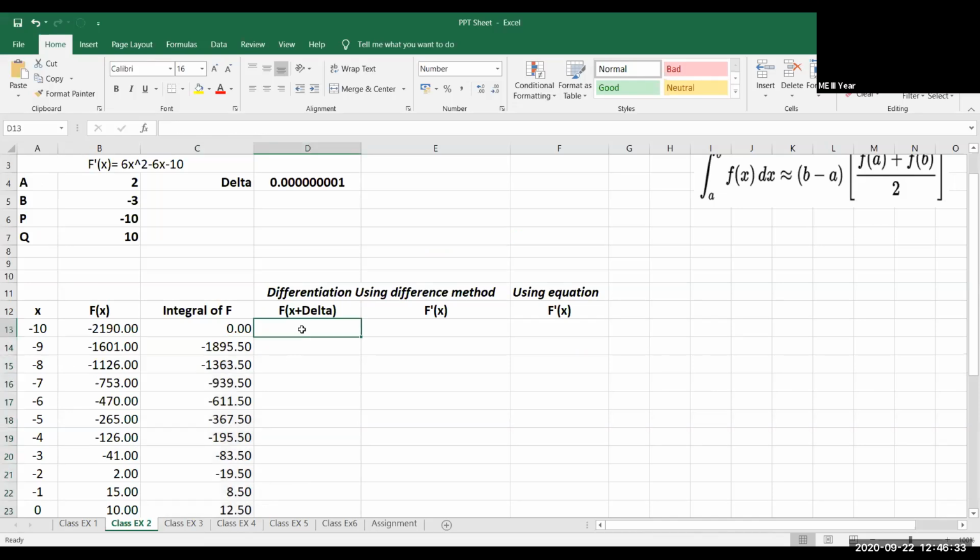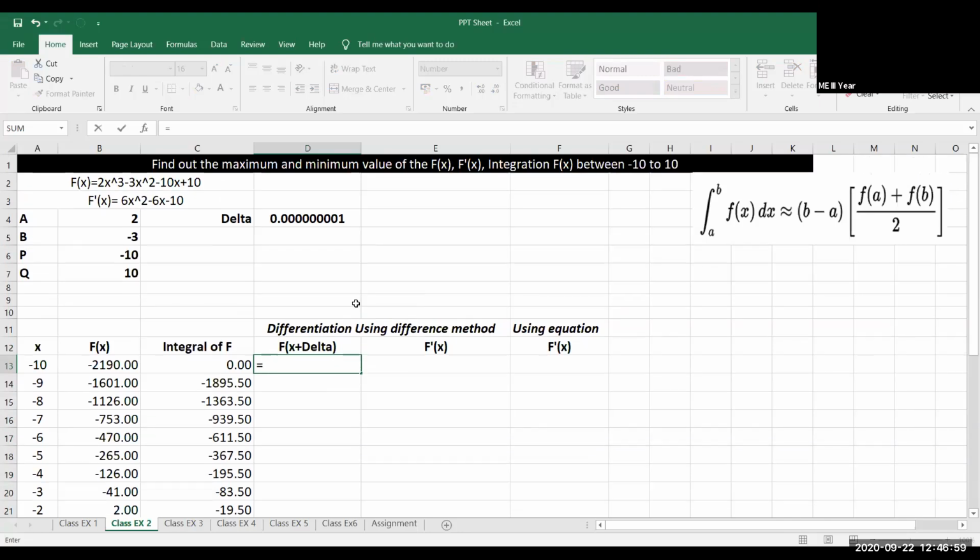Similarly for fx plus delta. In place of fx, you are finding f of x plus delta. So what is delta? The delta value is given here. What is our function?